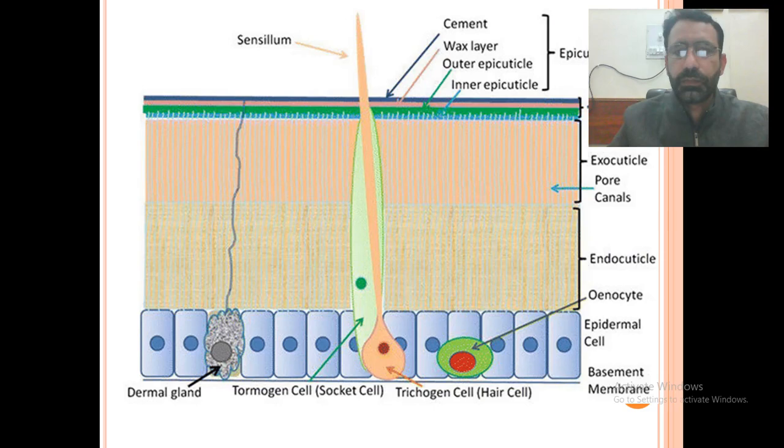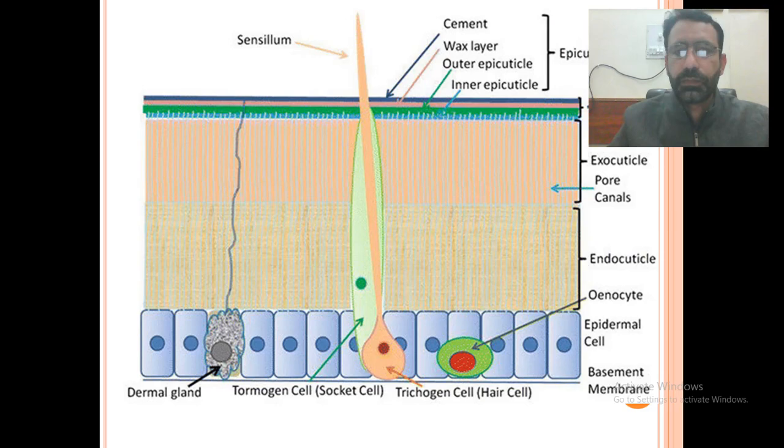So the secretions take place due to dermal glands, and here the two important cells are known as tormogen cells and trichogen cells. Tormogen cells are actually the sockets which facilitate trichogen cells, and trichogen cells are actually the hairs of the insect. These hairs are of two types.